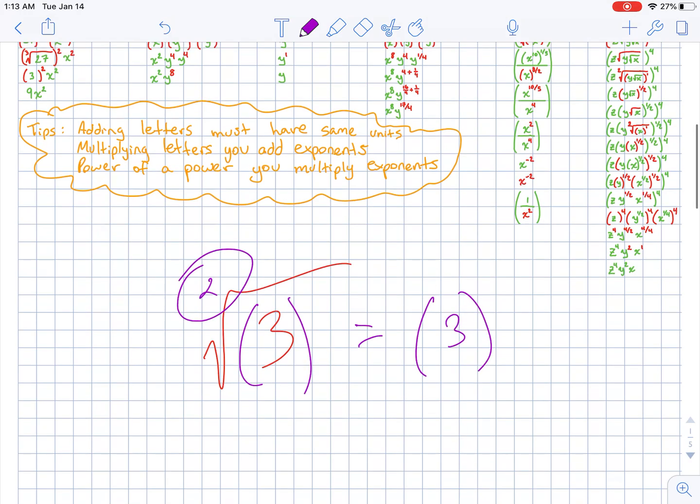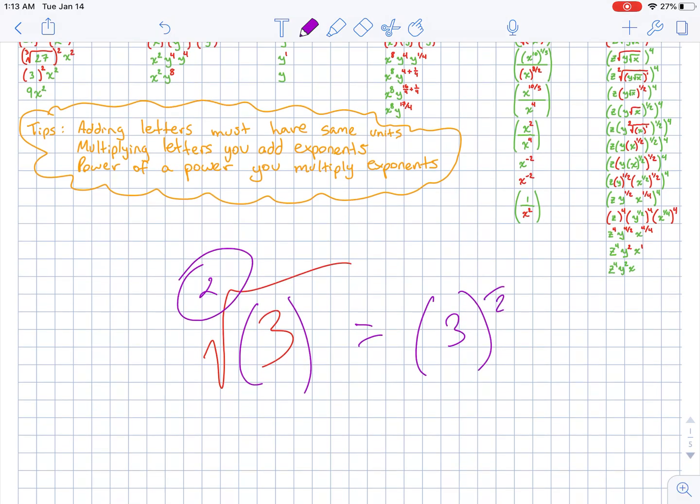The number in the corner goes in the bottom, and since there's nothing outside, it's always a 1. Whenever you see that radical sign, there's always a 2 when there's nothing there. When you see a 3, that means that there's a 3. That makes sense.